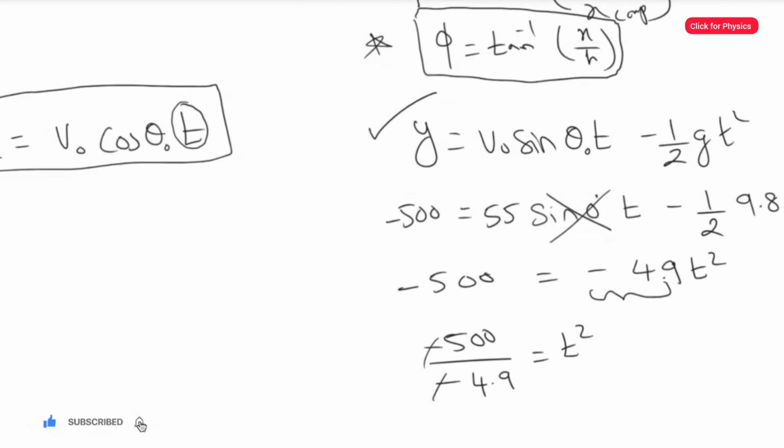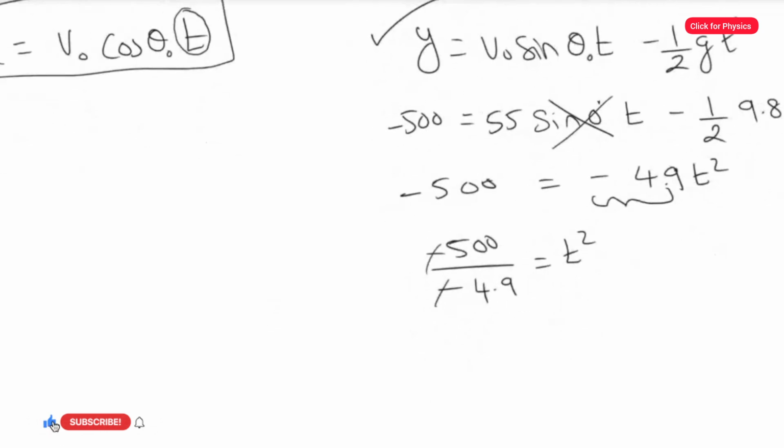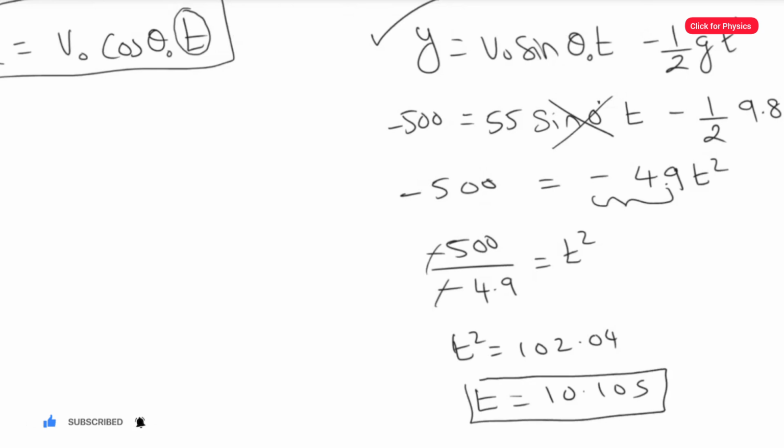So 500 divided by 4.9 gives 102.04, so t squared is 102.04. Taking the square root on both sides, we get 10.10. Therefore t equals 10.10 seconds. This is the answer for the time.